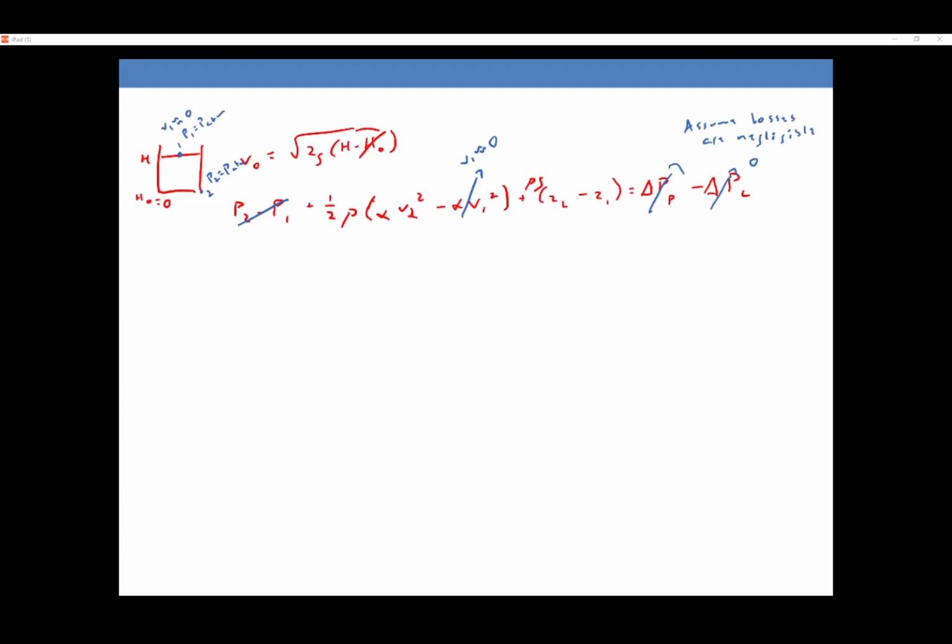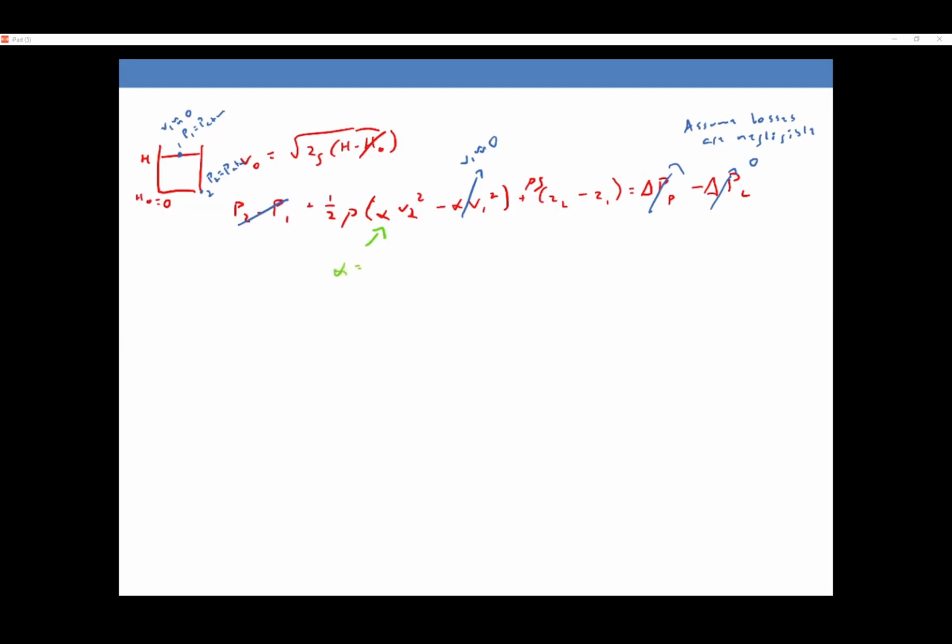Now, one of the reasons I wanted to bring this up is because there's another assumption here that we talked about many moons ago, and then mostly did not talk about, and I bet you have all forgotten. Does anyone remember what alpha is? That's the kinetic energy correction factor, right? Kinetic energy correction factor, yep.